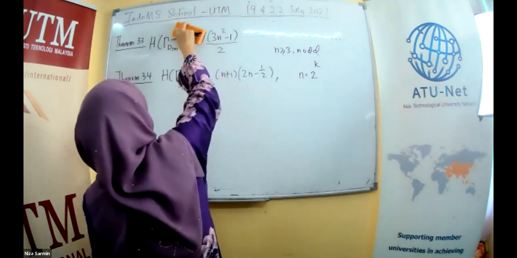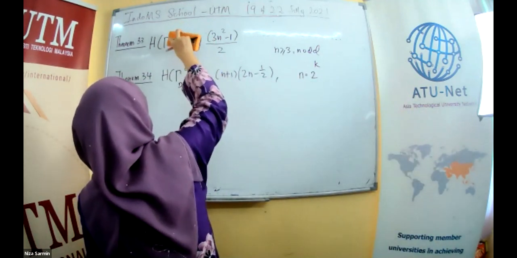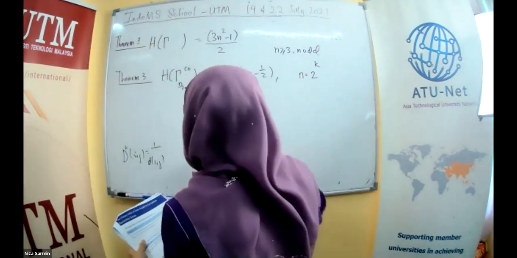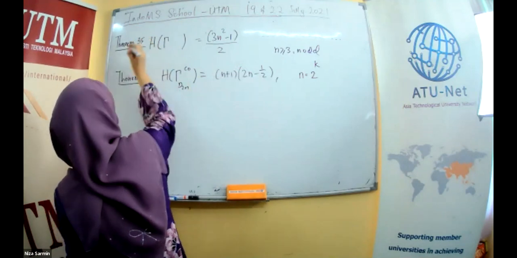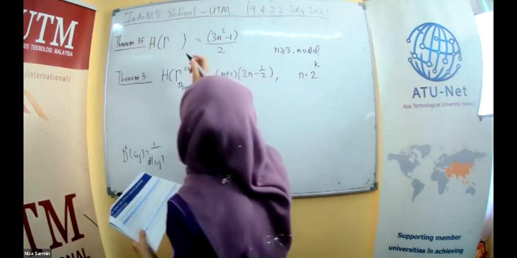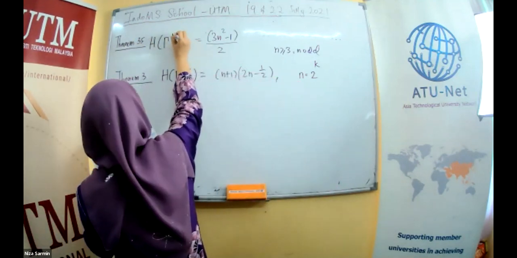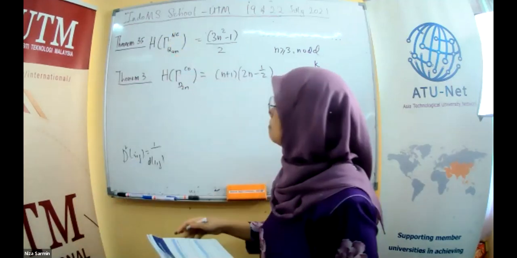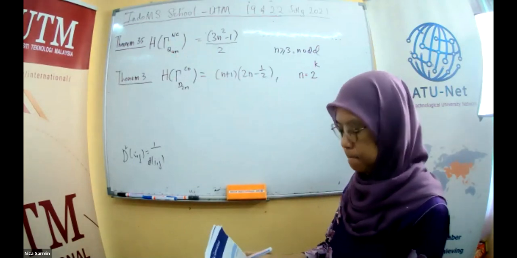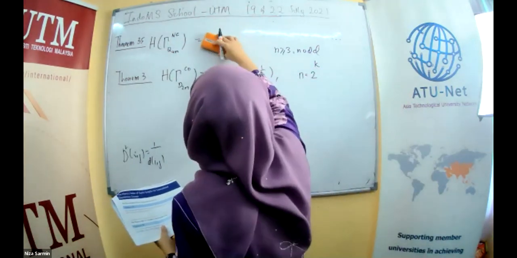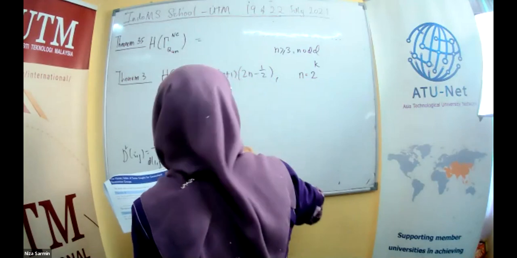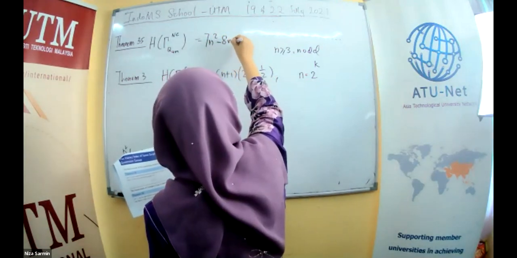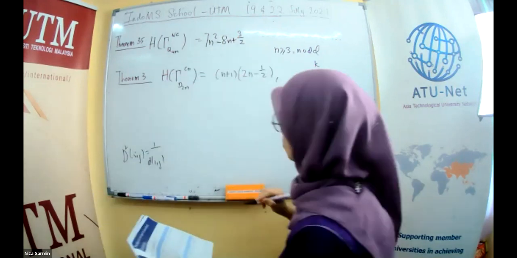Okay, next is the non-commuting graph for the next group. Theorem 35. Non-commuting for the generalized quaternion. And this turns out to be 7n squared minus 8n plus 3/2.